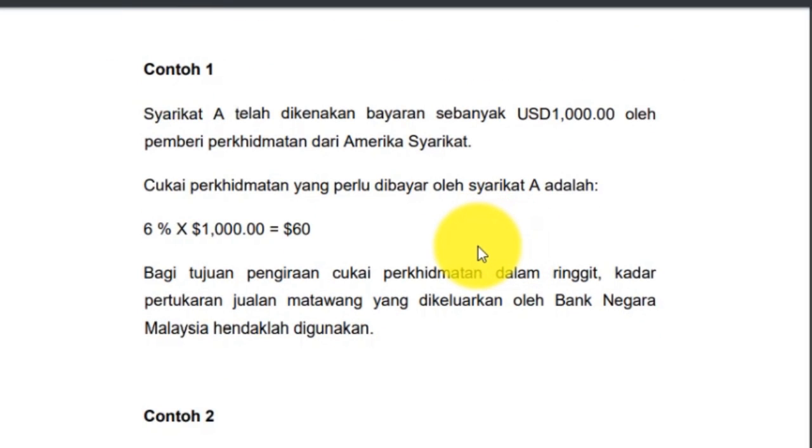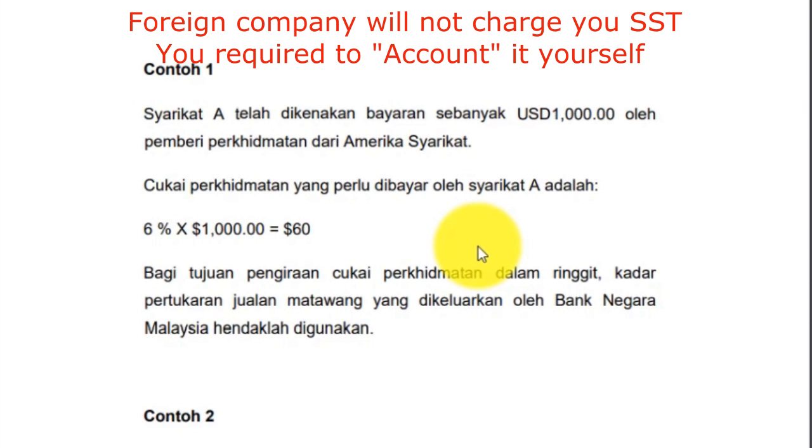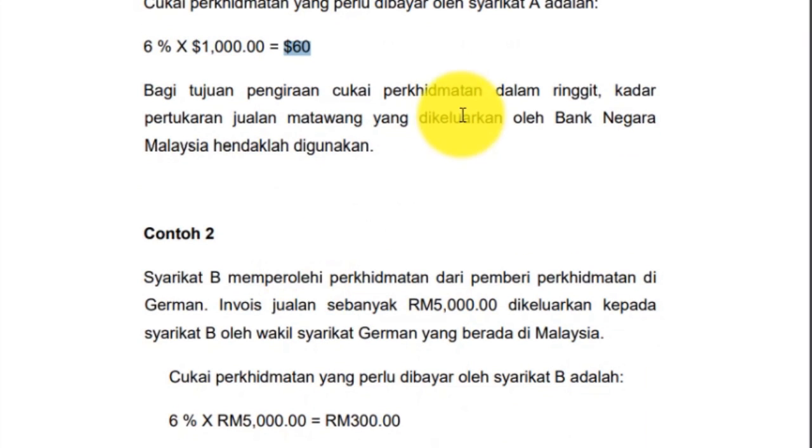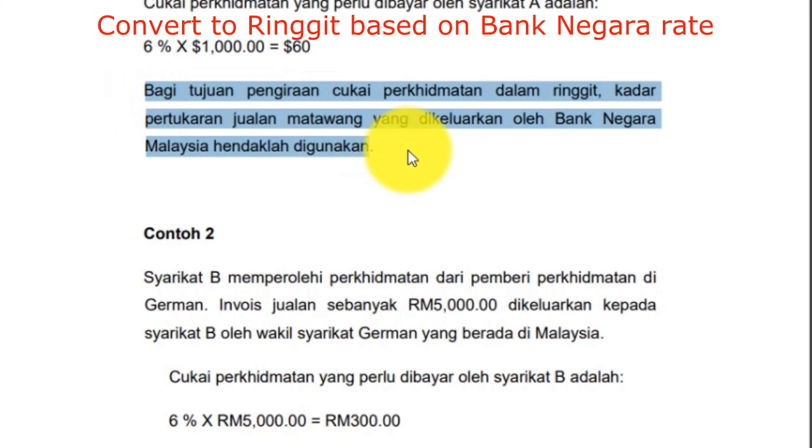The US company will not charge you service tax, so you need to account for the service tax yourself. You multiply 6% by this $1,000 and you get $60. And it is stated here that it needs to be converted to Ringgit Malaysia using the Bank Negara rate.